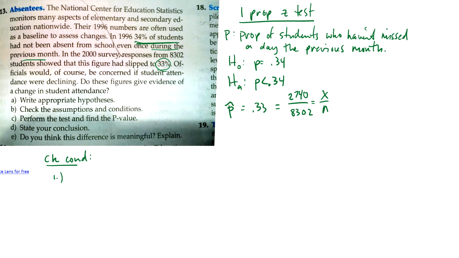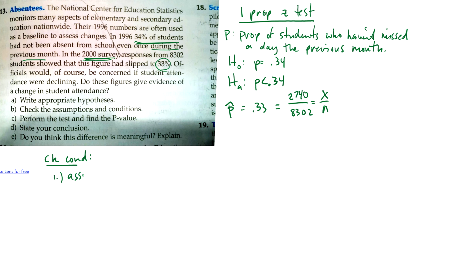Ooh, it's a survey. We don't know anything about this survey, what kind of survey it is. If it's a voluntary survey, that's definitely a problem. If it's a survey where they went and asked every single kid in various schools, like a cluster sample, that's a little bit better. We don't know that for sure.